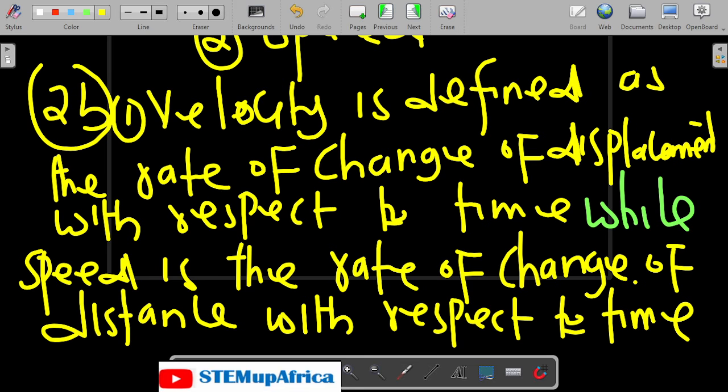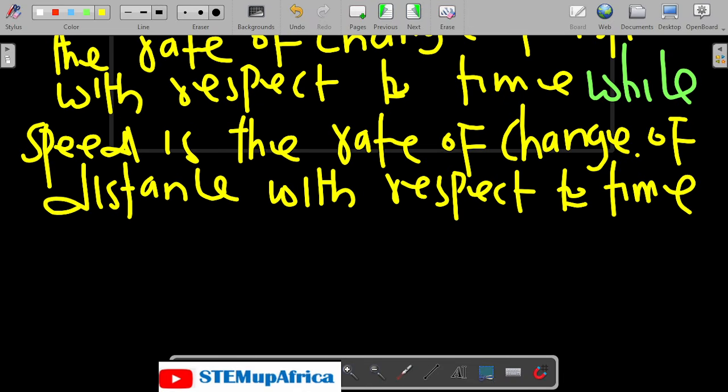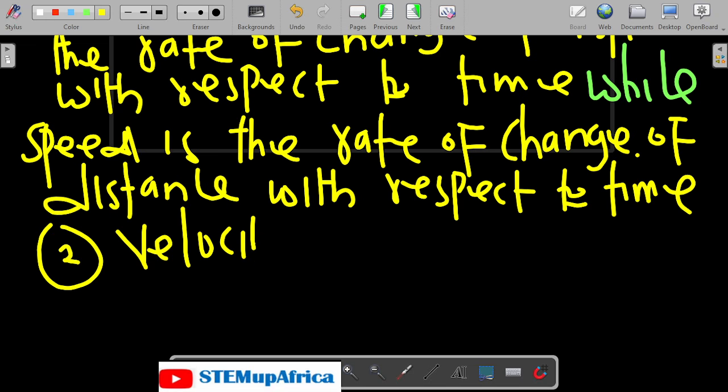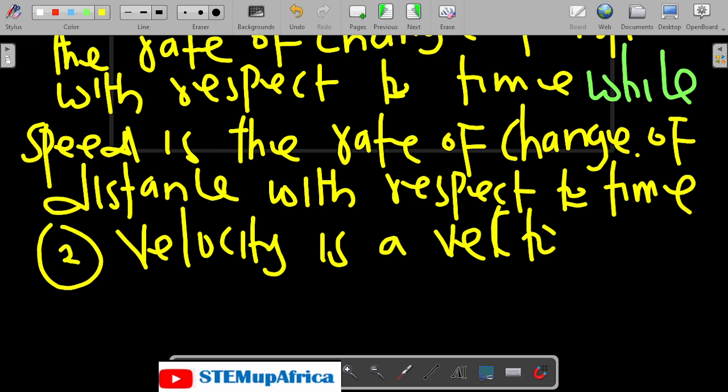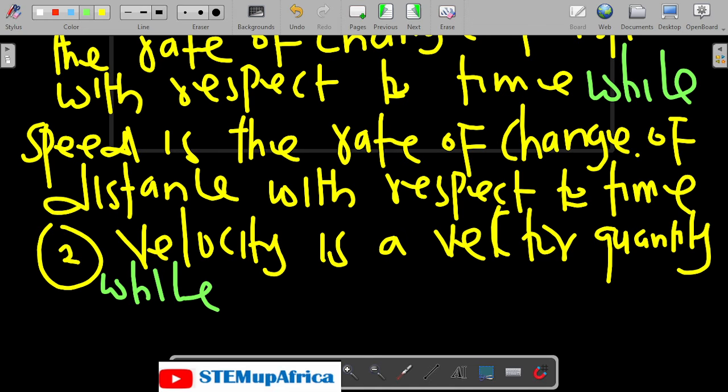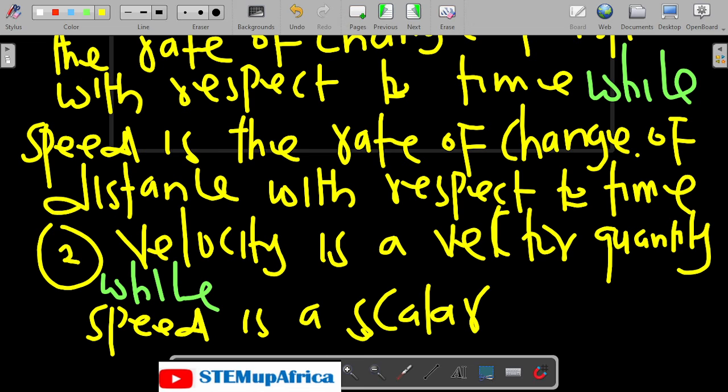We're going to take another way to differentiate it. I'll state 2, it can be up to 3. Velocity is a vector quantity. Then speed is a scalar quantity. So that is another difference between speed and velocity.